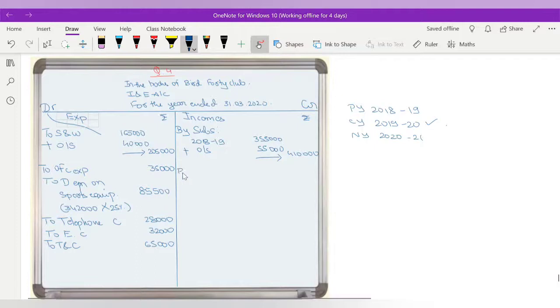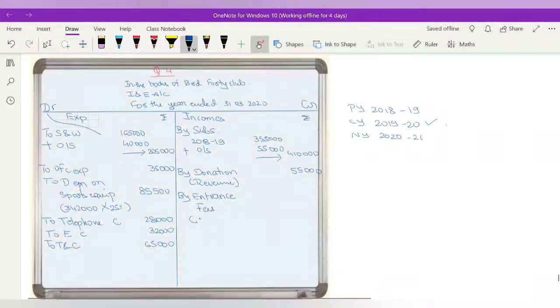Next, donations. Donations is how much? 55,000. Nothing is mentioned. We can either assume it as a capital receipt or revenue receipt. I will assume it is of a revenue nature. So if it is a revenue donation, then we will take it in the income and expenditure account, 55,000. Then entrance fees, there is an adjustment here. Entrance fees, right?